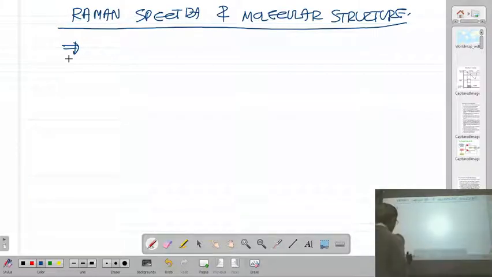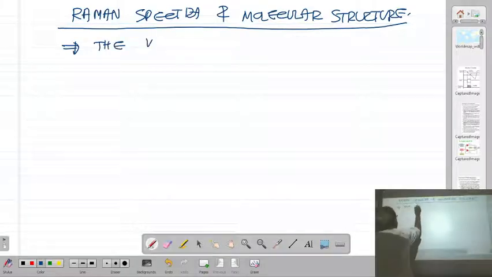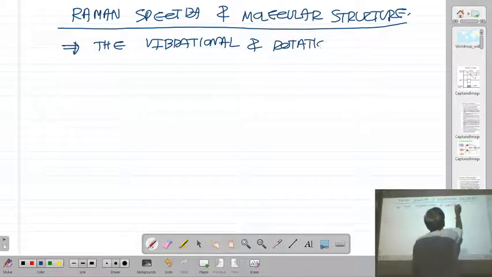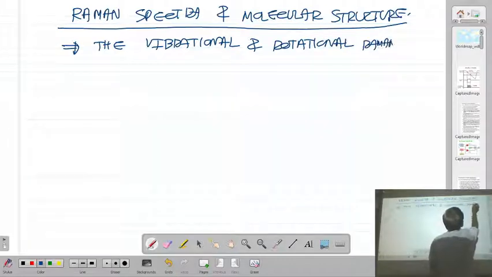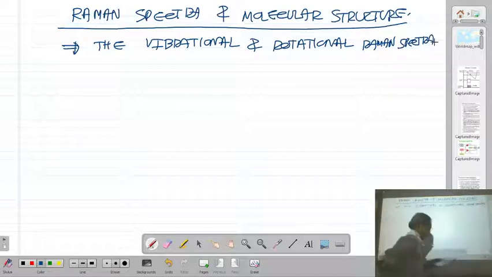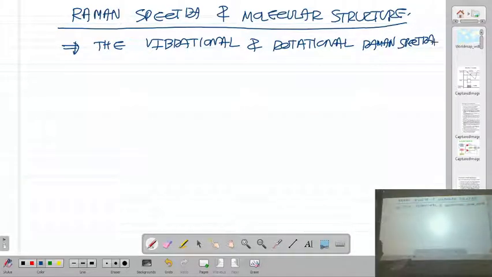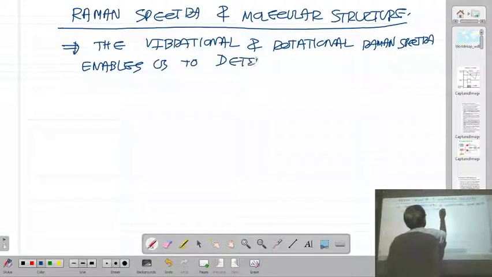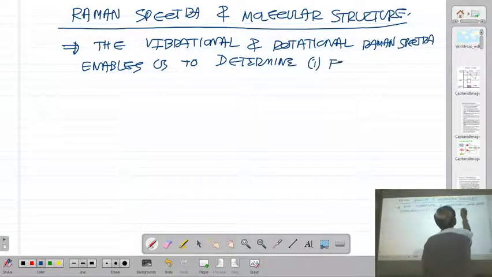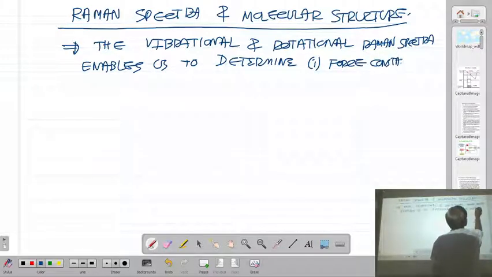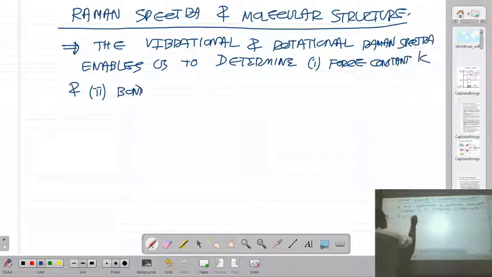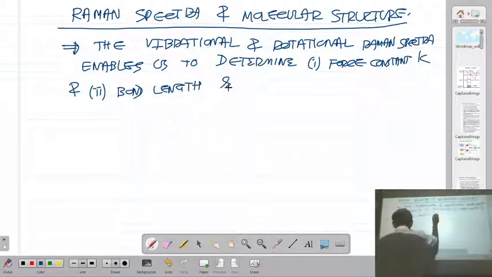The vibrational and rotational Raman spectra enable us to determine, number one, the force constant K and the bond length R, the internuclear distance, respectively.